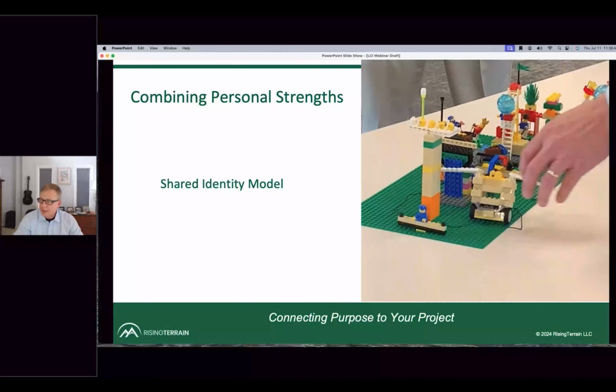So just to help you visualize this, again, you could do this with writing the story out up on a wall. But to visualize this, you can see that we created a model in this case using the Lego bricks. And so each subsection of the Lego bricks represents somebody's strength that they're contributing to the project.